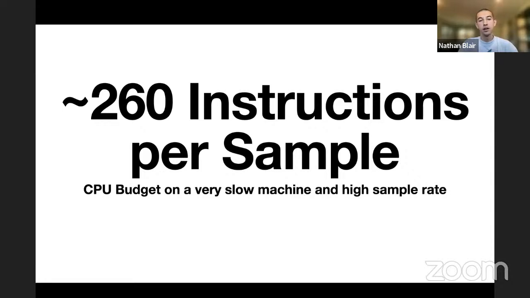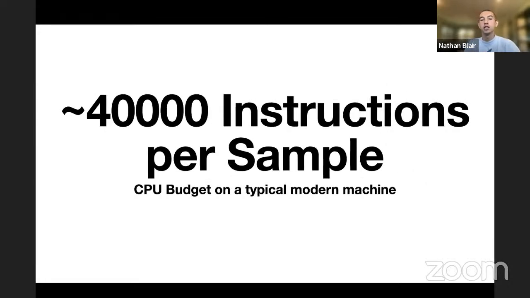Not something we're targeting necessarily, but even on a more modern machine, you don't have all that many CPU instructions per audio block. So 40,000 seems like a lot, but once you get into quadratic runtime algorithms, you're pretty much out of luck.